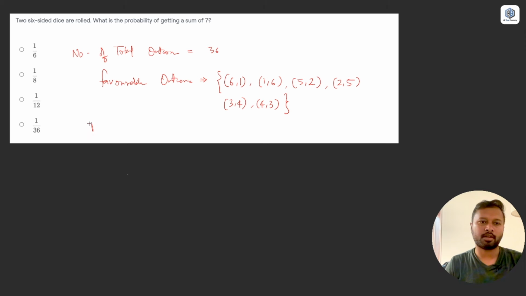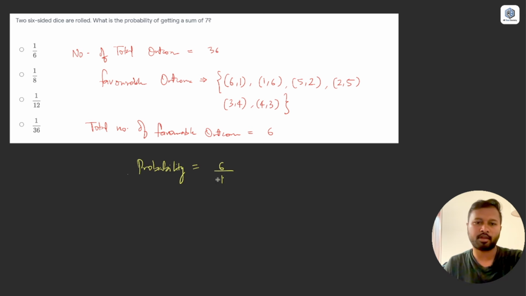The total number of favorable outcomes is 6. So probability is favorable outcome upon total outcome, which is 36. The answer will be 1 by 6. That's option A. All right, pretty simple.